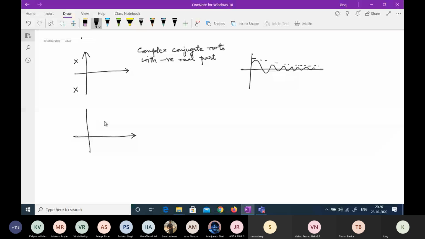What happens, and this will happen when you have... Sir, there is a very big lag between the writing and the explanation.